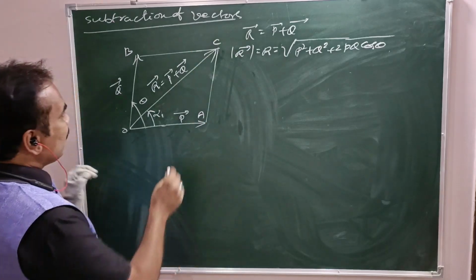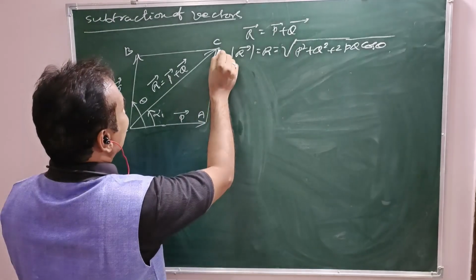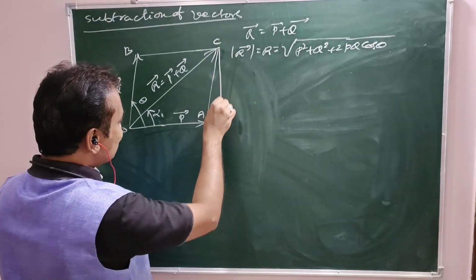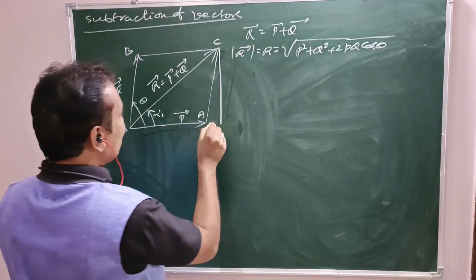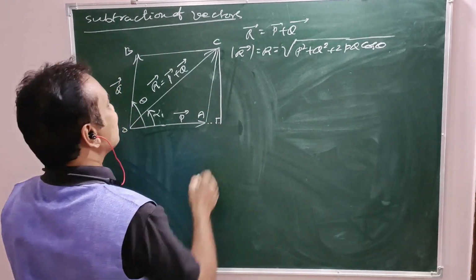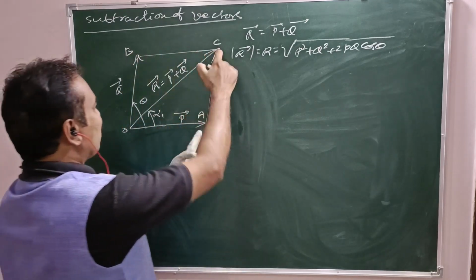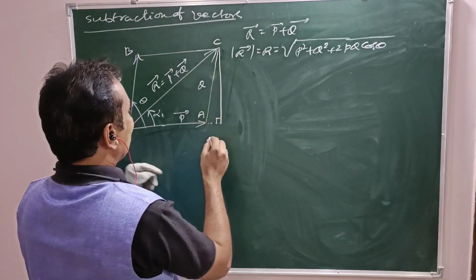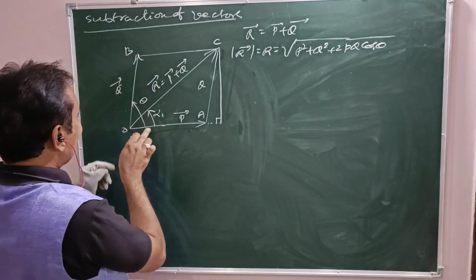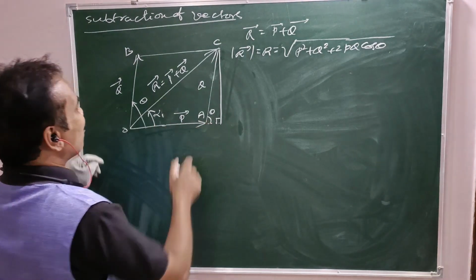Now I am taking a normal drawn from end C onto P bar, extending it like that. So this is 90 degrees. As it is Q bar, the measurement is Q here. Here also Q. Now this is theta between P bar and Q bar. Here also theta, because these two are corresponding angles.